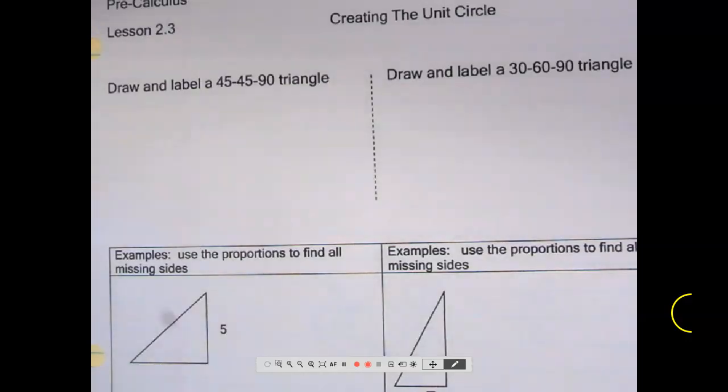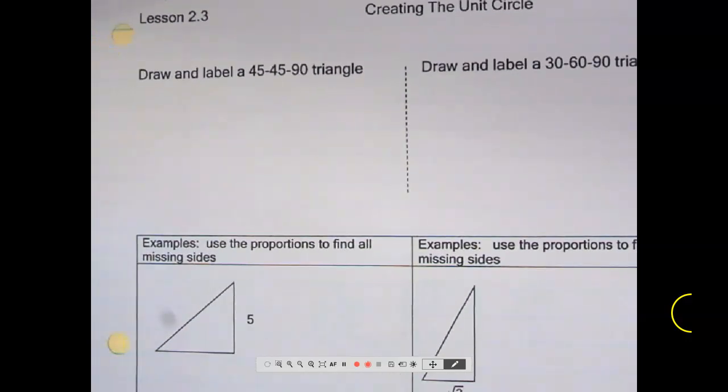Okay, so if I said just draw and label a 45, 45, 90 triangle, what should it look like? What would a 45, 45, 90 look like? Right triangle? Say that second part. Okay, what would be true about the 2 legs? They would be the same. I'm going to attempt to make it look like that.